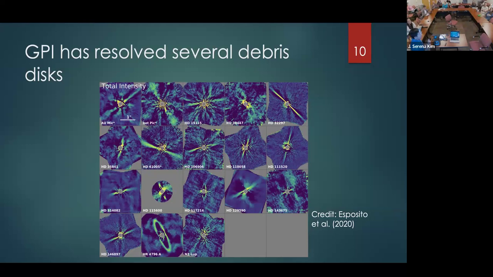These are all in the debris disk stage for the most part. I don't think there are any younger disks in here. Yeah, no, these are all debris disks. But we have this really nice sample of spatially resolved debris disks for which we can start to probe some of these dynamical and morphological properties of these systems.